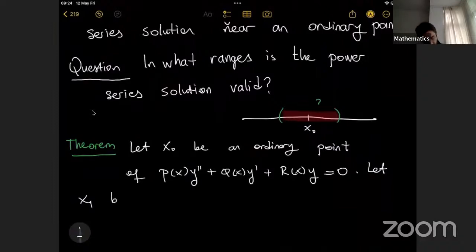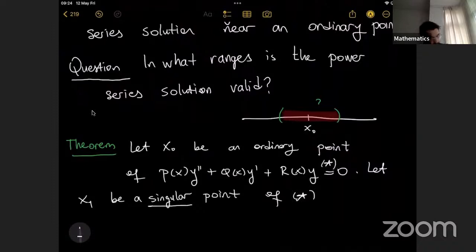Let x1 be a singular point, meaning the function is not analytic at that point. Sorry, the coefficients, Q over P and R over P, at least one of those is not analytic at x1. So x1 is the singular point of star nearest to x0.